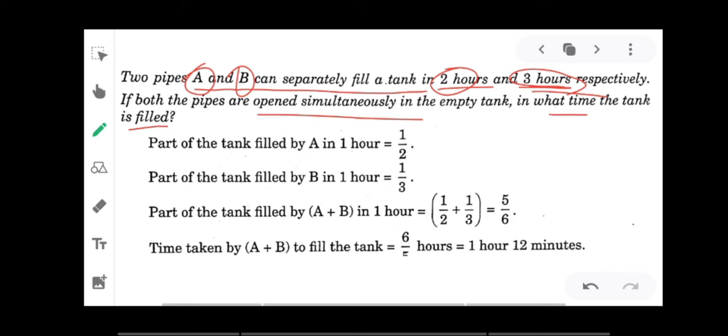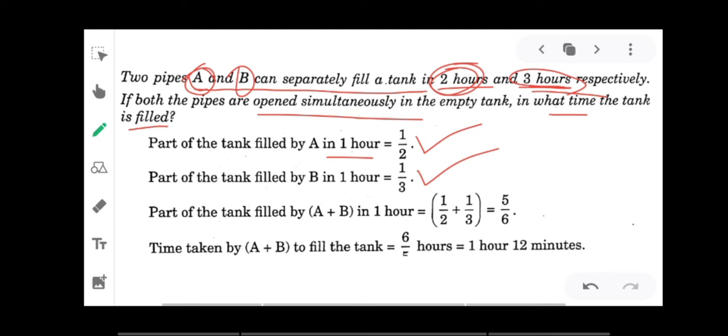Okay, if A can fill the tank in 2 hours, then in 1 hour it will fill 1 upon 2. Clear? Like that, B can fill the tank in 3 hours, so the part of the tank filled by B in 1 hour equals 1 upon 3.